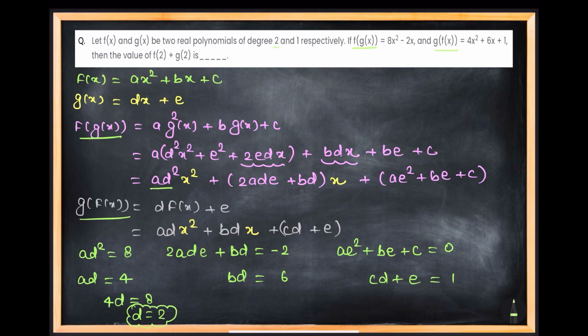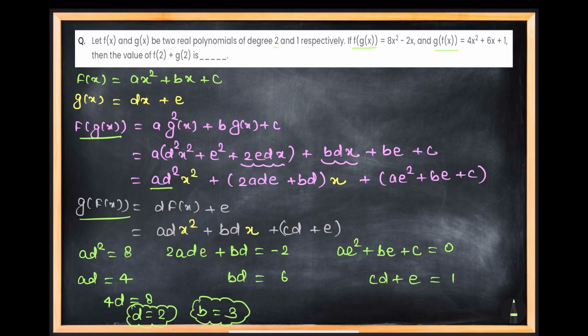So we got one of the values of the arbitrary constants. Okay. Now you got the value of d as 2. So you can substitute there, and you can find out the value of b. So the value of b will become 3 because d is 2. So 2 times 3 is 6. So you got your b and d done.